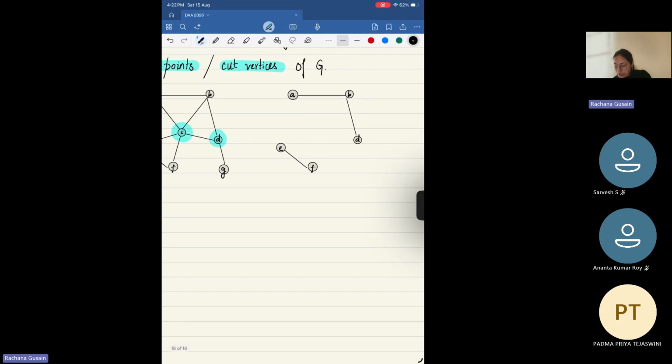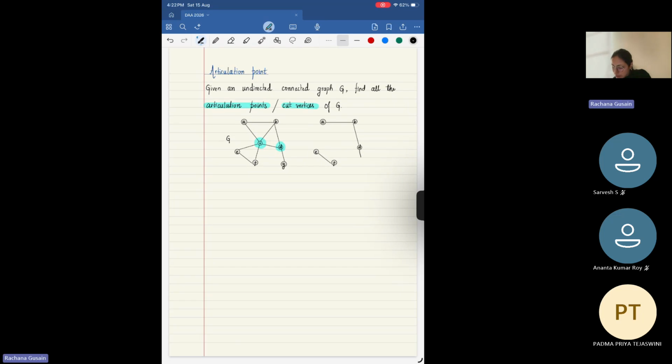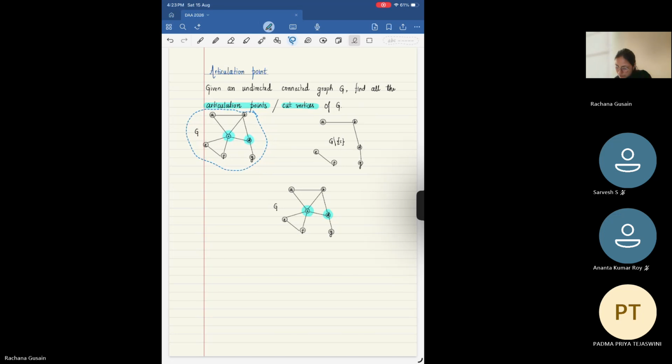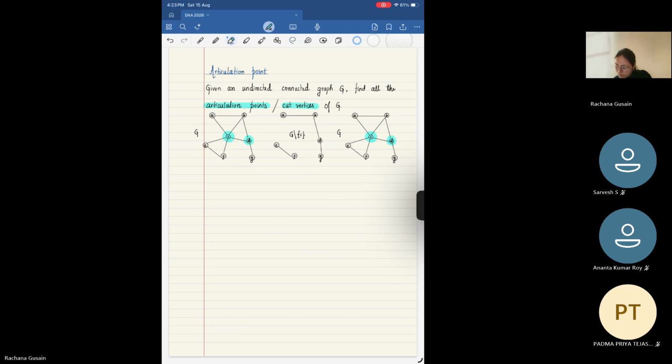If I remove C, in that case, I'll have D and then G. And if I remove D, then again, I'll have the components, as this is G minus C. If I remove D, then I'll have again two components.